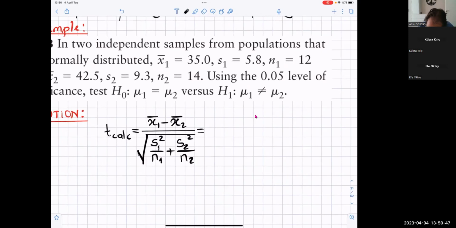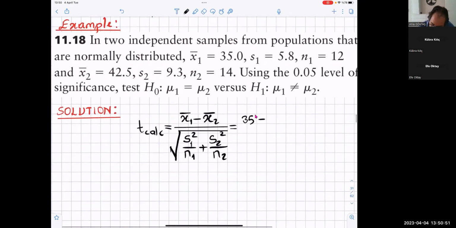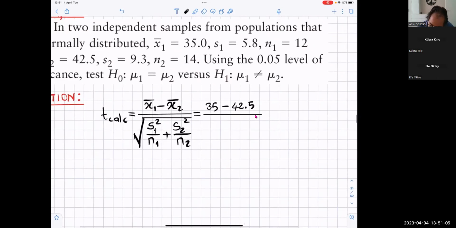X1 bar is 35, X2 bar is 42.5. This is divided by the square root of S1 squared, where S1 is 5.8 and S2 is 9.3.